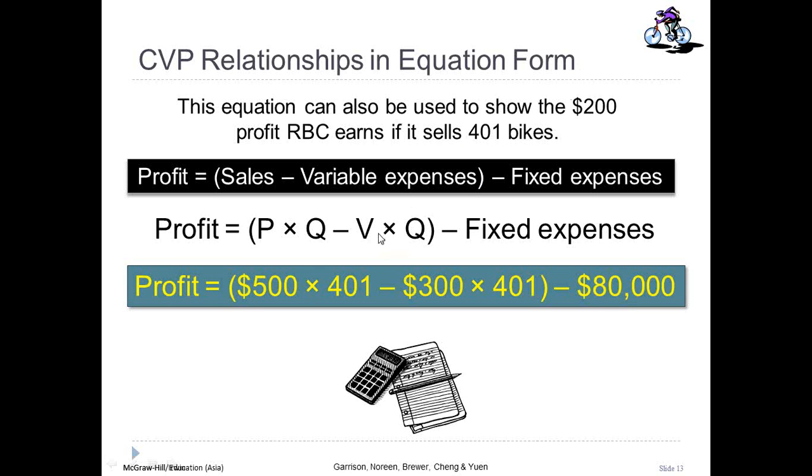We add one extra unit of sale to make it 401. Well, 500 times 401 minus 300 times 401. Put that in parentheses for the subtraction between this product and that product. Whatever this number is, subtract 80,000 and you have profit: $200. Very straightforward, nothing complicated here.